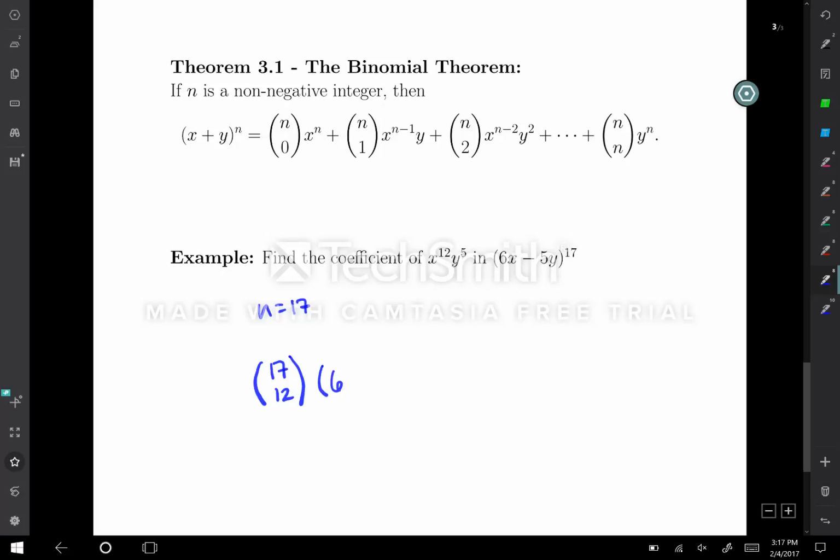The first term is 6x to the 12th power. Then we need negative 5y to the 5th power. Note that the sum of our powers between the two terms must add up to 17. So, now that's the entire term.